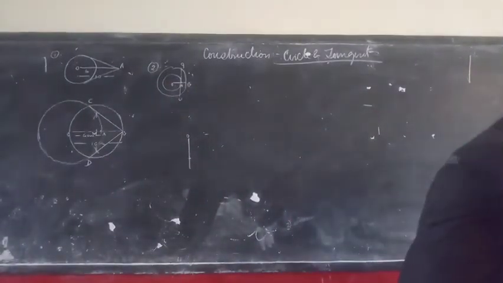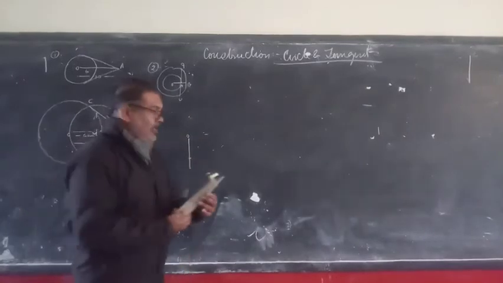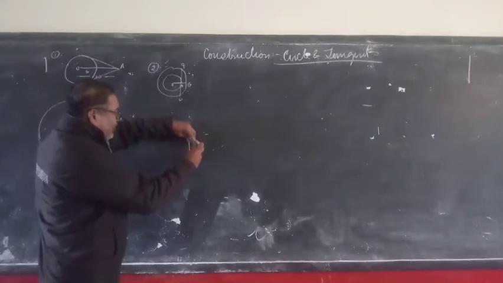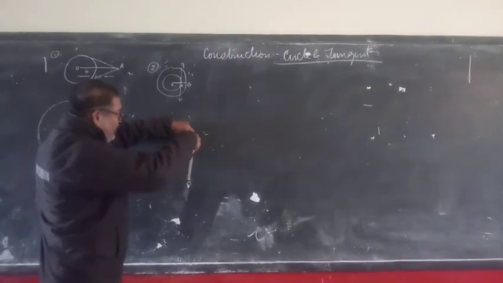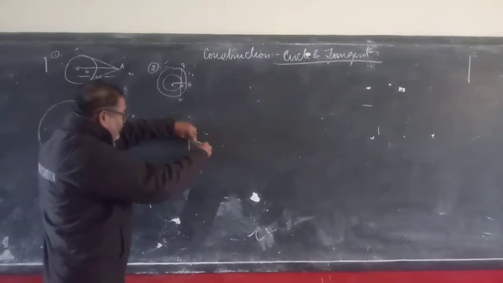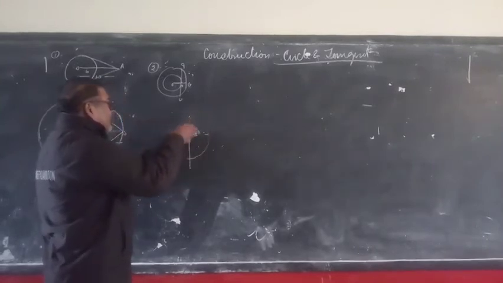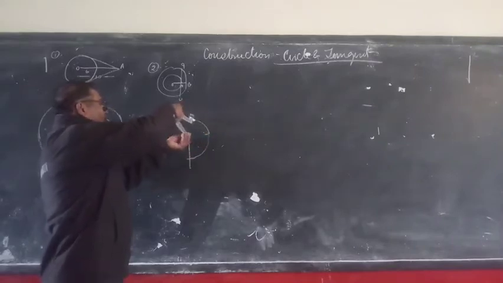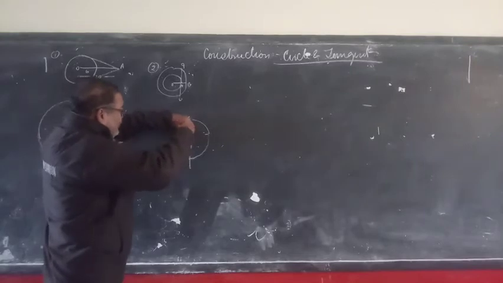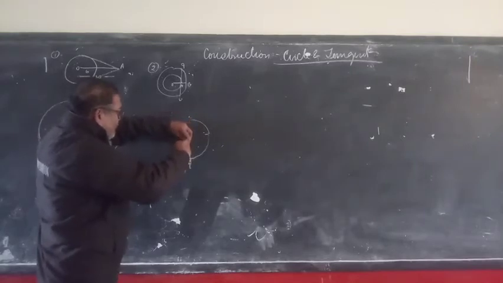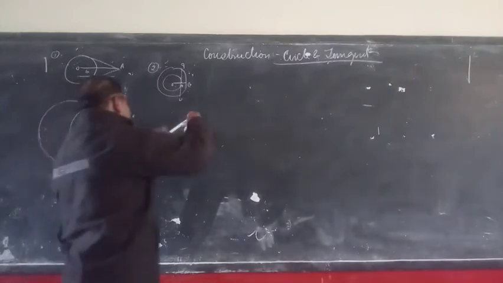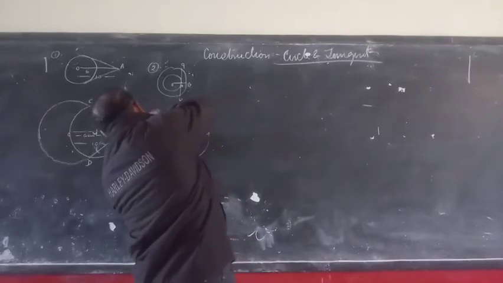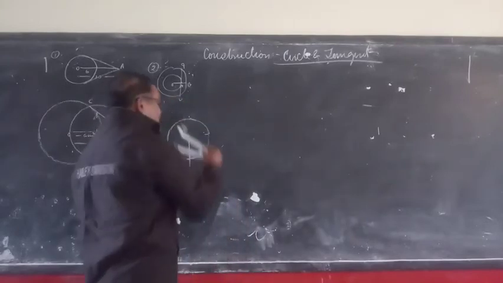Take your compass in your hand. Put the metal point at O, and with the mark of 4 centimeter, draw the first circle. My compass is very loose, so that's why I am taking a little bit more time, my dear students.